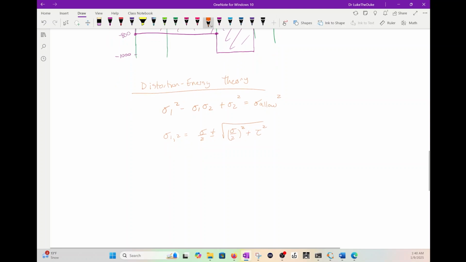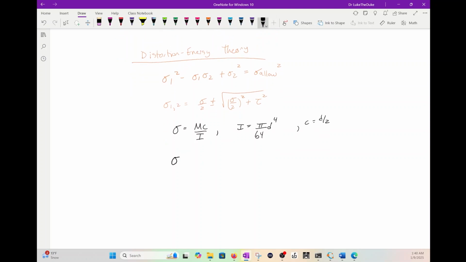Okay. Sigma 1 is your plus version, and sigma 2 is your negative version. And we're going to use sigma as Mc over I, where I is equal to pi over 64 d to the fourth. And c is d over 2. So we can actually write sigma as M d over 2 over pi over 64 d to the fourth.